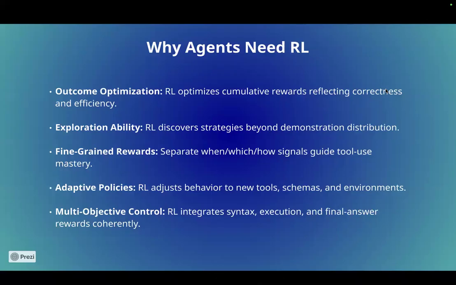And then finally, there's also multi-objective control, and this is pretty similar to what I was mentioning earlier with generating better code with reasoning models, which is what DeepSeek R1 did. You could have various different components within the reward function. So you can reward the model for better syntax or better formatting. You can reward the model for execution, which is another word for latency or efficient code here.